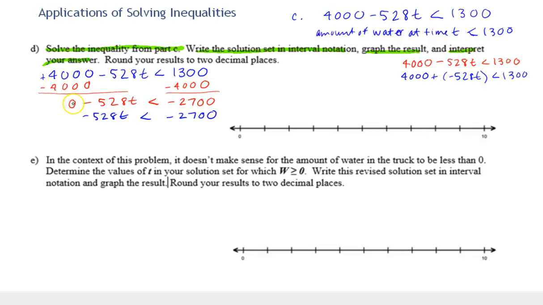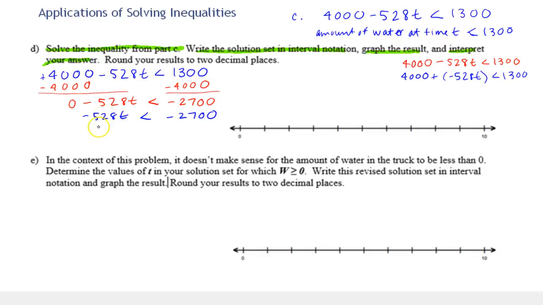There's a 0 out front, and we usually drop it, but we need to keep it and think of it now as adding the opposite of 528t. Notice how that connects to how we rewrote this equation using addition. So the moral of the story is, when you have a subtraction symbol and something with subtraction in front of it is left over, keep that as the sign or the coefficient of that term.